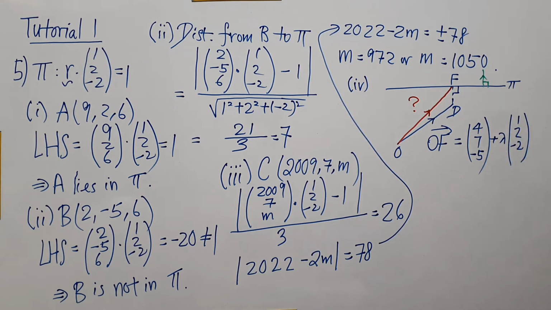So the starting point to find the foot of perpendicular is always to express the vector OF in terms of OD plus lambda of the normal vector of the plane.